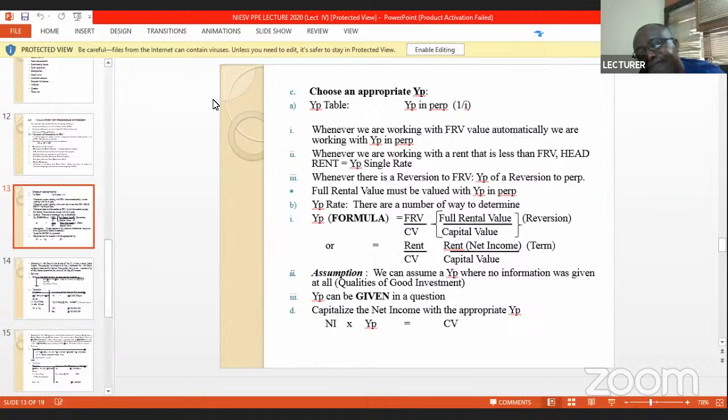And in our valuation mathematics, you don't need to be told that 0.05 is the same thing as 5%.